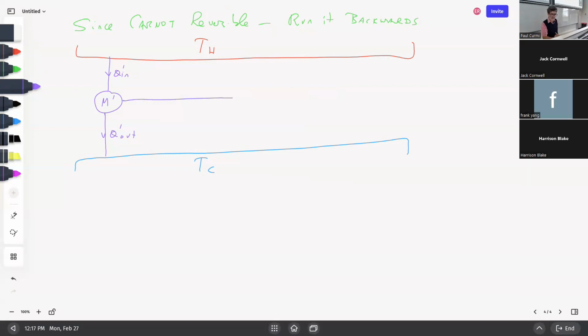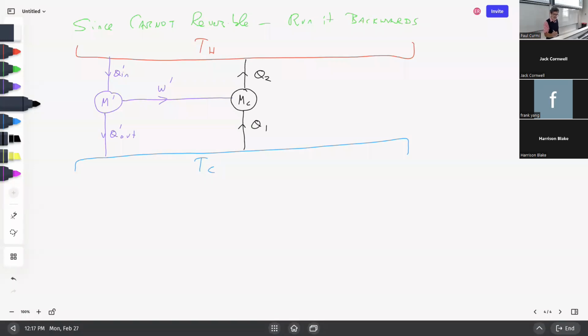But I run Carnot backwards. So I connect this to Carnot. There's motor Carnot. And it's going to run heat this way now. I'm going to call this Q2. I'm going to call that Q1.